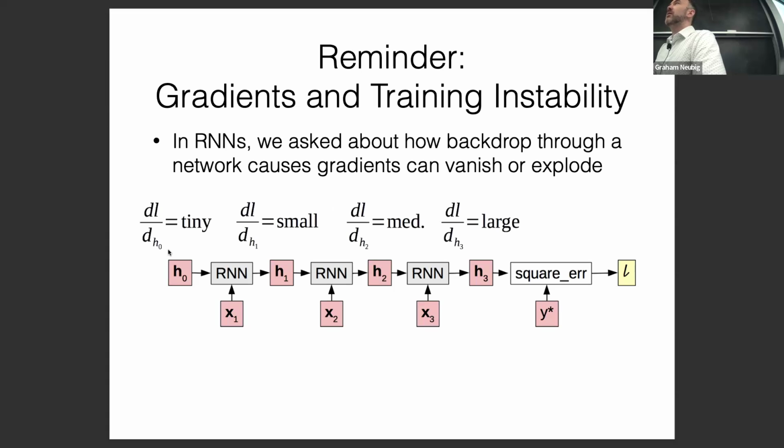The exact same thing would be the case for transformers. In fact, there was a problem in the original formulation of the transformer that caused this gradient vanishing to occur, and this problem has been rectified in newer versions of transformers. So I'll talk a little bit about both of those.